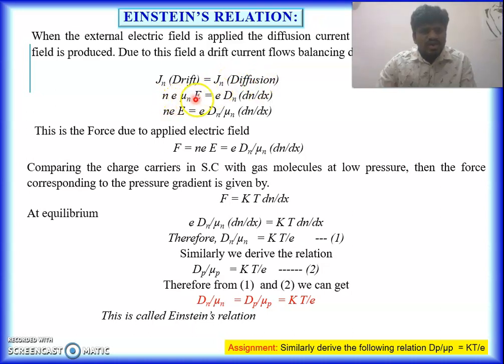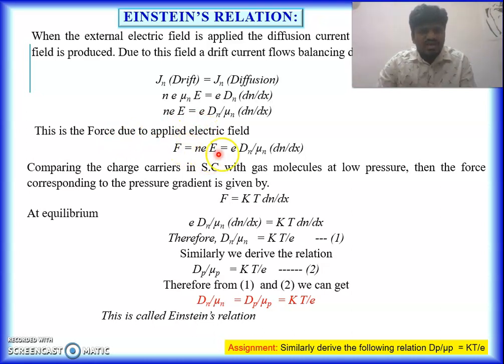Therefore, n e mu_n E is equal to e Dn dn by dx. Now, by rearranging this, you can get n e E is equal to e Dn by mu_n times dn by dx. We already know that n e E is the force, the force due to the applied electric field on the electrons in the semiconductor.